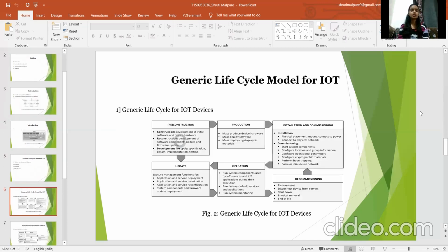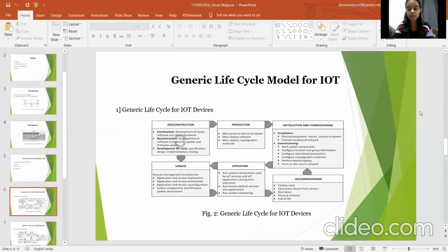The first is generic life cycle for IoT devices. An IoT device hosts software components that are categorized into system, service, and application components. The stages in the IoT device are pre-construction, production, installation and commissioning, operate, update, and decommissioning.